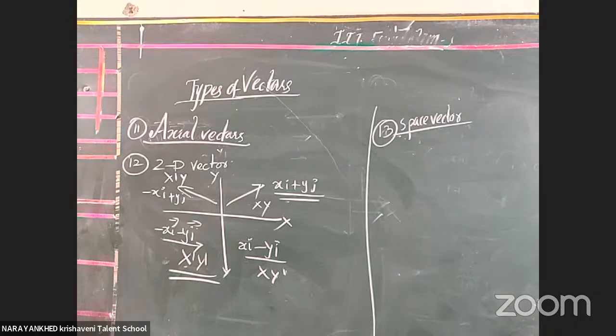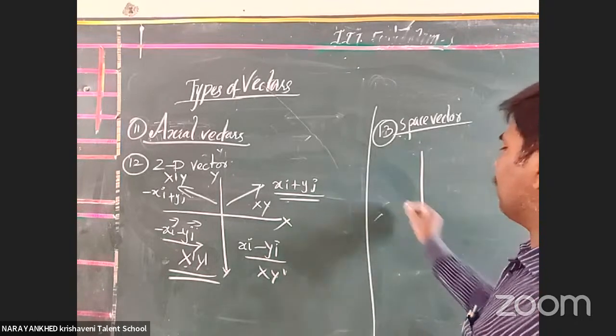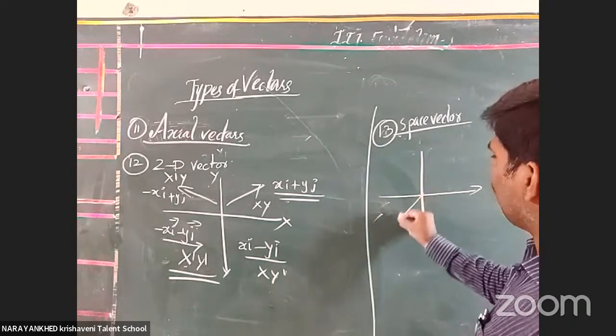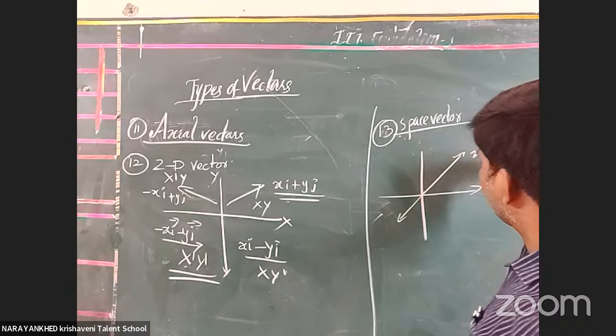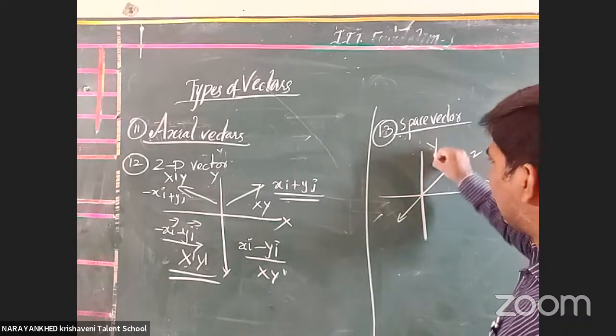Any vector that contains components along all three axes is called a space vector. Means what? When I take a vector along all the axes, this is the z axis, this is the x axis, this is the y axis.